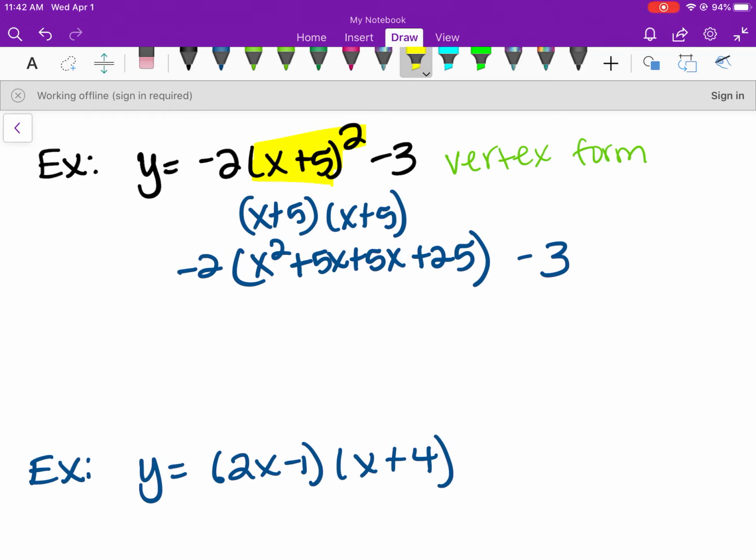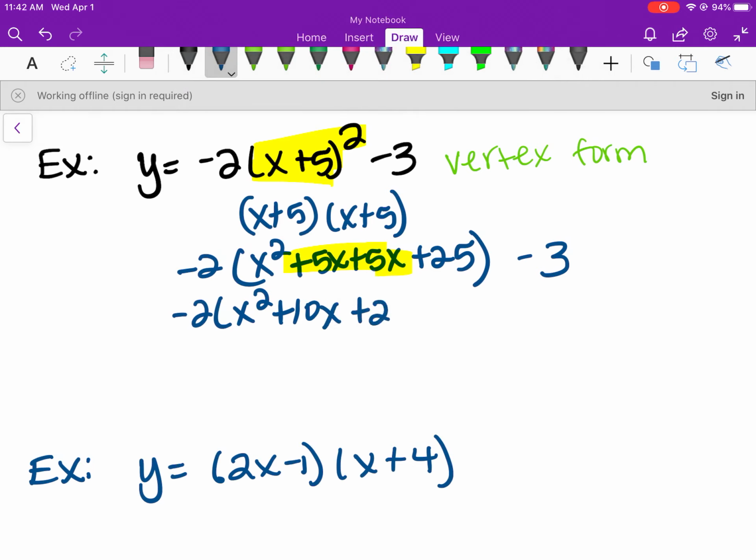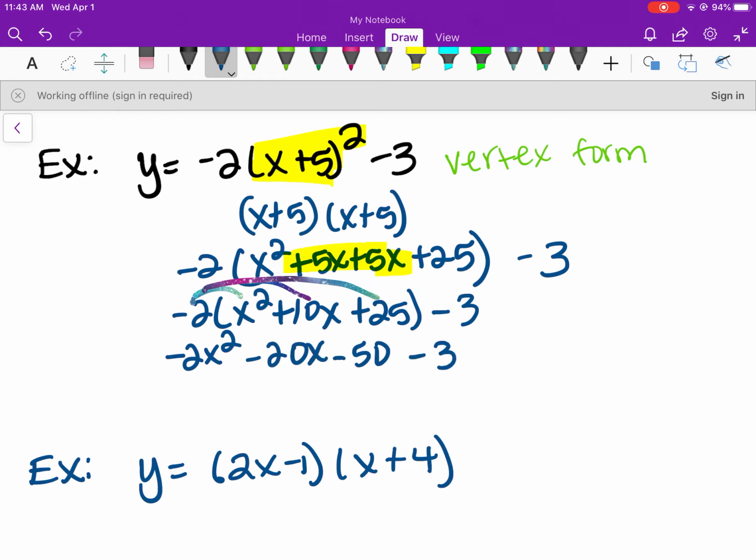Now all of that is being multiplied by -2 and then subtracted by 3. So I'm going to rewrite this as -2 times x squared plus 10x plus 25. Now I'm going to distribute the -2 to all three of those terms, which gives me -2x squared minus 20x minus 50, and then my minus 3 is in the back.